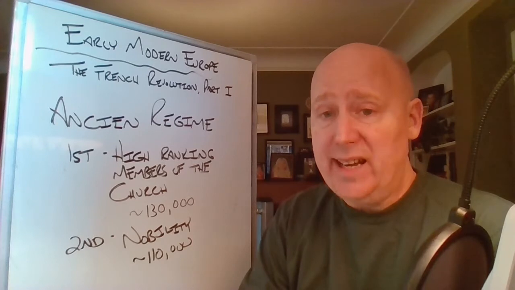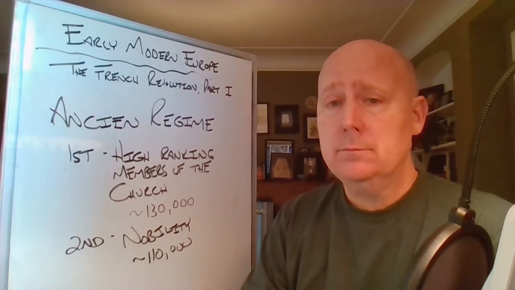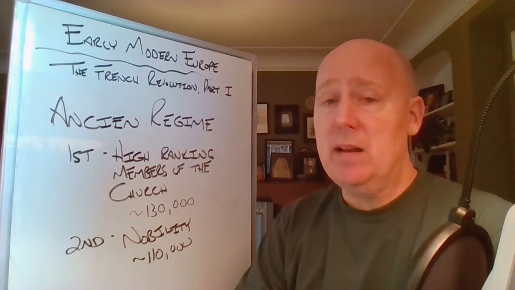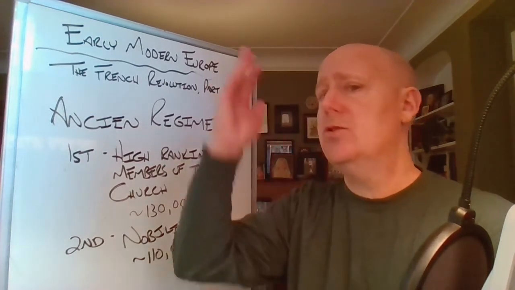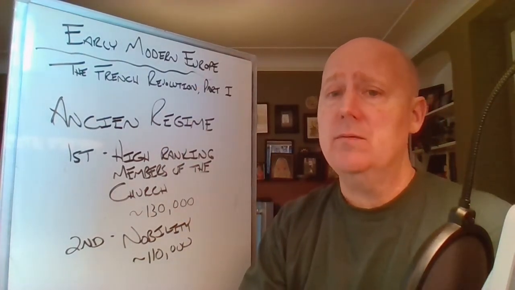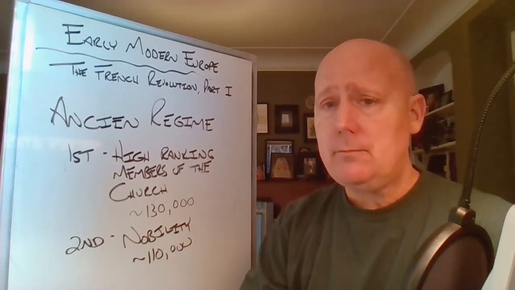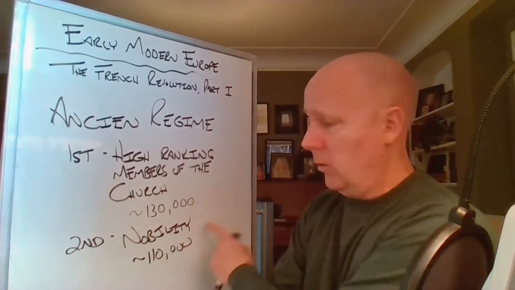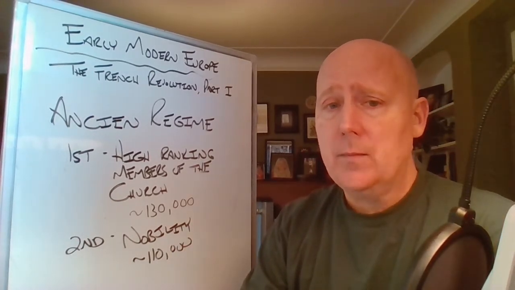They had titles and they had land, and therefore they had wealth. And it was the various families throughout the whole course of French history that rose to prominence, fell out of prominence, and at this particular time it was the Bourbon family, the Bourbon dynasty, who was in charge. But they always came out of this collection of nobles.